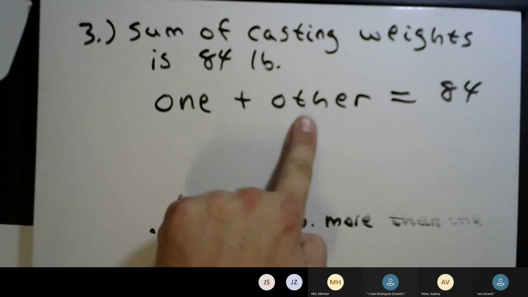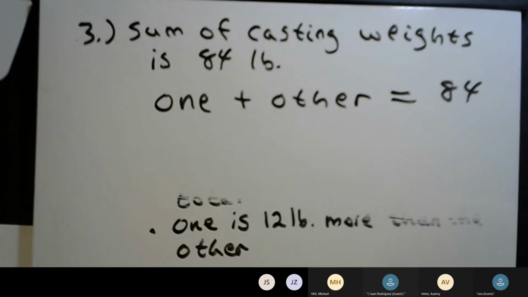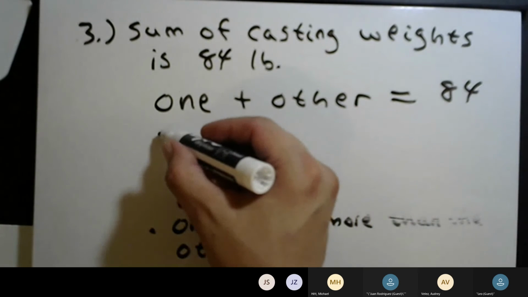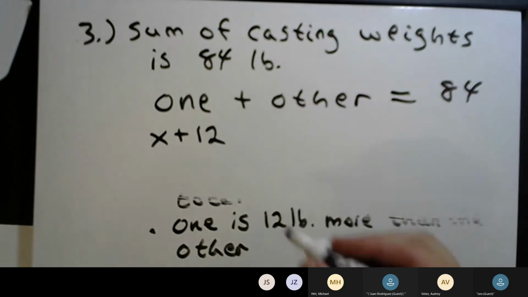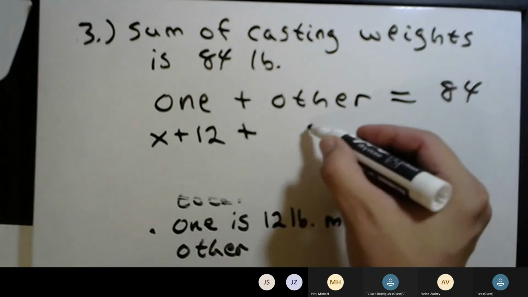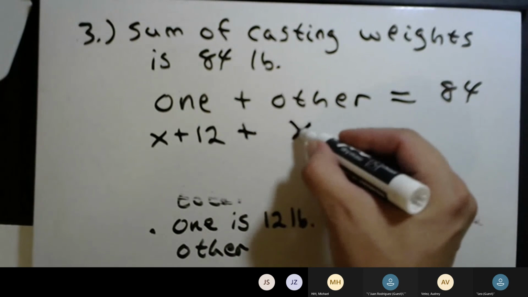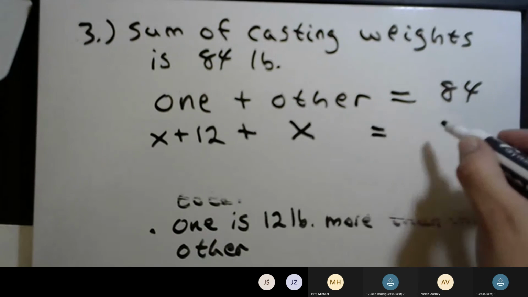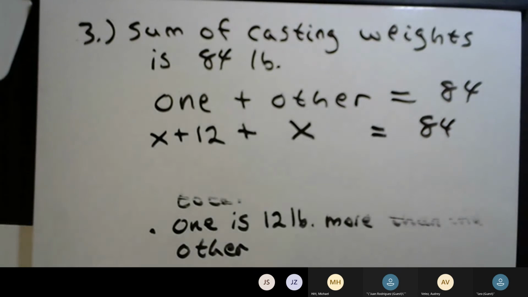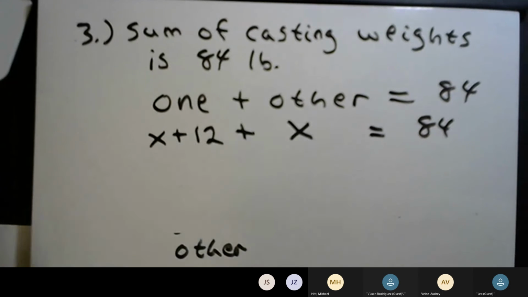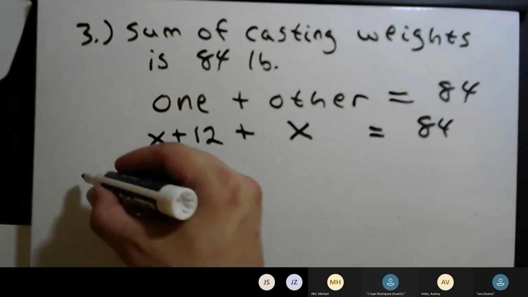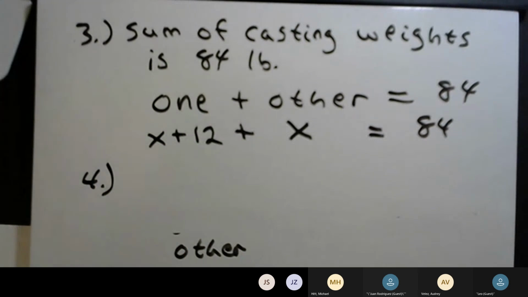This weight plus this weight is 84. Now the one, that was x plus 12 from step 2. The other, the real mysterious one, that was just x. So that's 84. So this is the equation we're going to get. Now we're going to solve it.